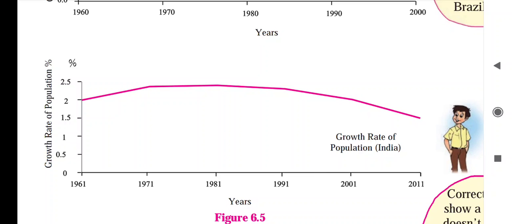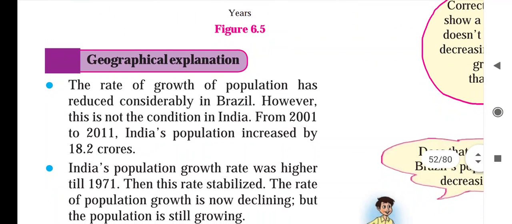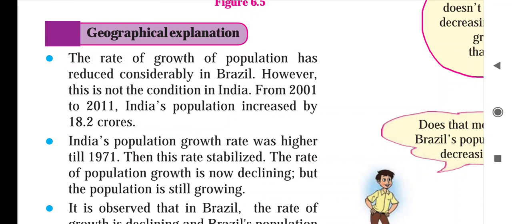First we will see the geographical explanation. The growth rate of population has reduced considerably in Brazil, as we have seen. It comes to 0.5, 0.4 like that. However, this is not the condition in India. From 2001 to 2011, India's population increased by 18.2 crore.